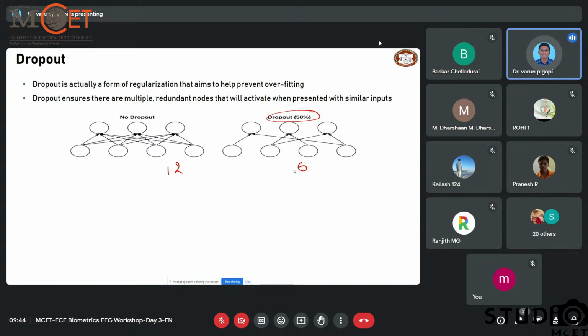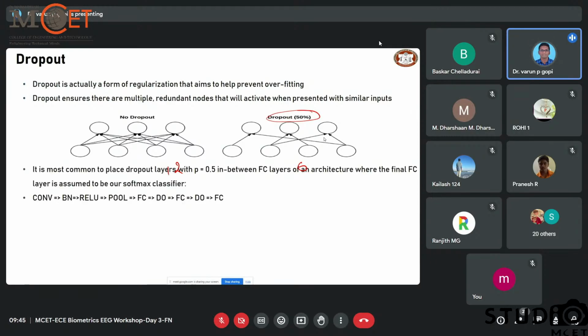It removes the other 6 redundant or unwanted connections that are not contributing towards decision making. So we can simply use dropout to avoid redundant data paths. Because of that, we can reduce the overfitting and go for a better representation. It will give you a better result.